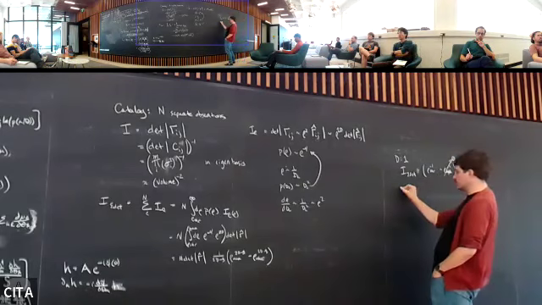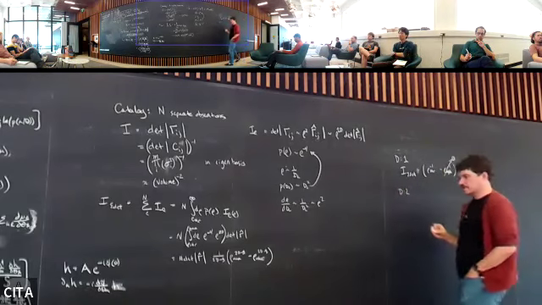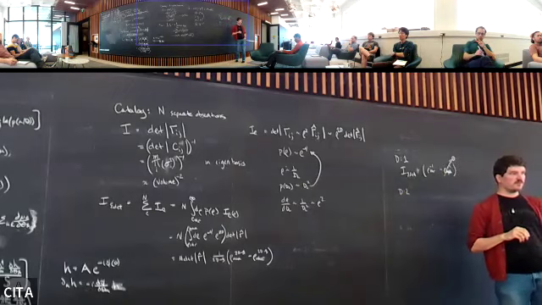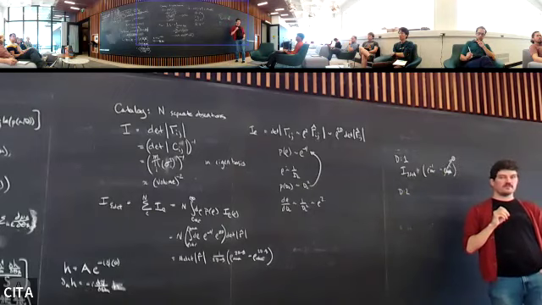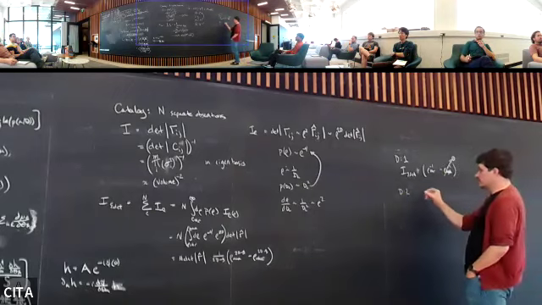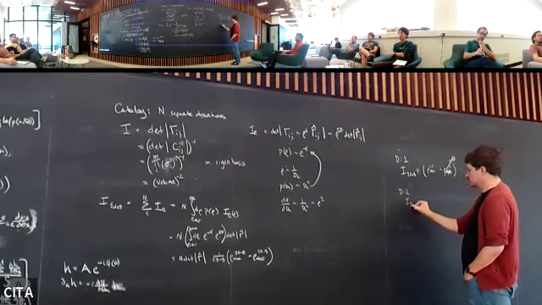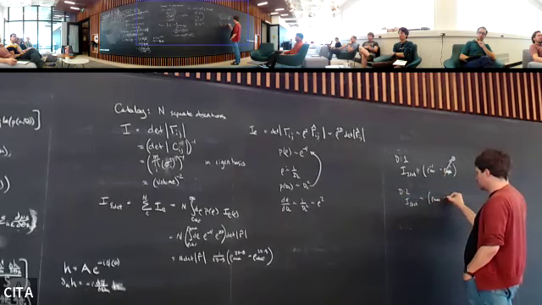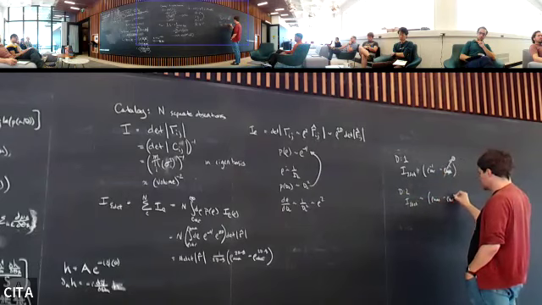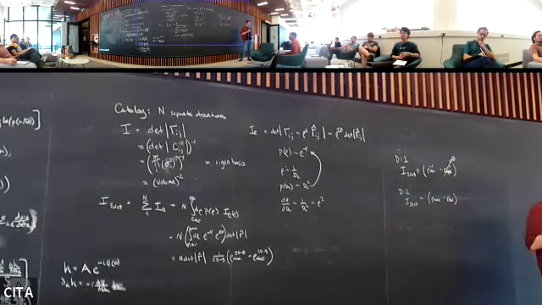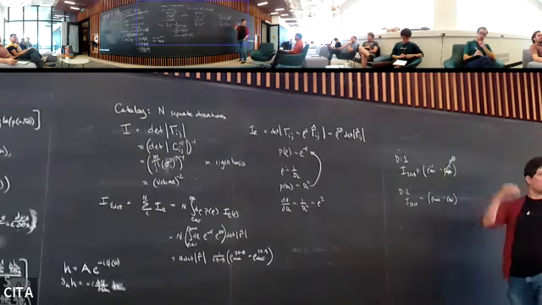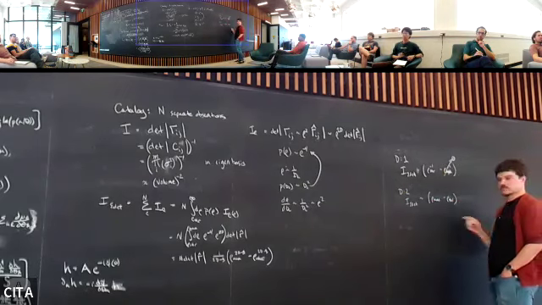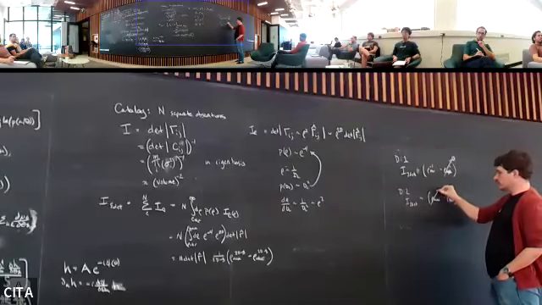Now let's see what happens when D equals 2. When D equals 2, 2D minus 3 is 1. And so this goes like rho max minus rho threshold. Now what happens when I take this to an infinite upper limit? Well, that goes to infinity.